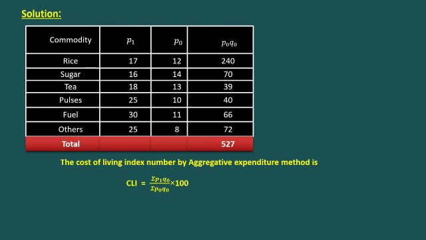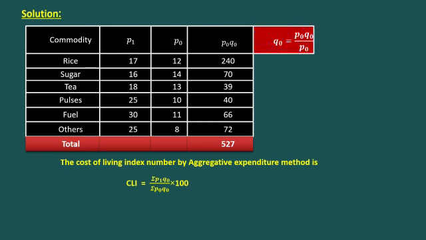Next, in the numerator, we have summation P1 Q0. So to get the value of summation P1 Q0, first we need to compute Q0 values for each of the commodities. So Q0, that is base year quantities, will be obtained by dividing expenditure by price.